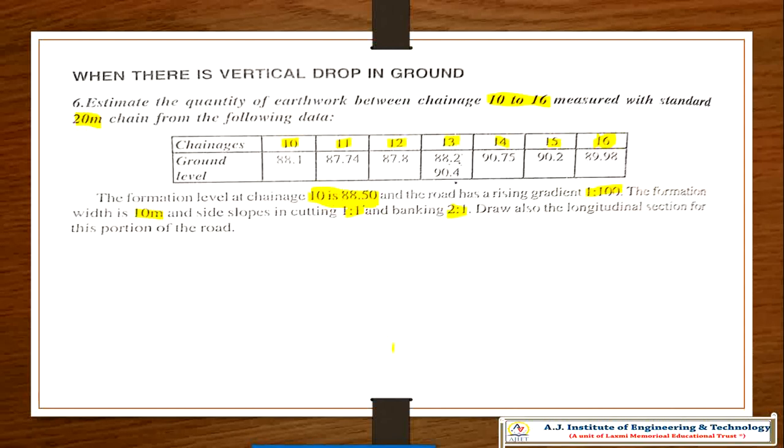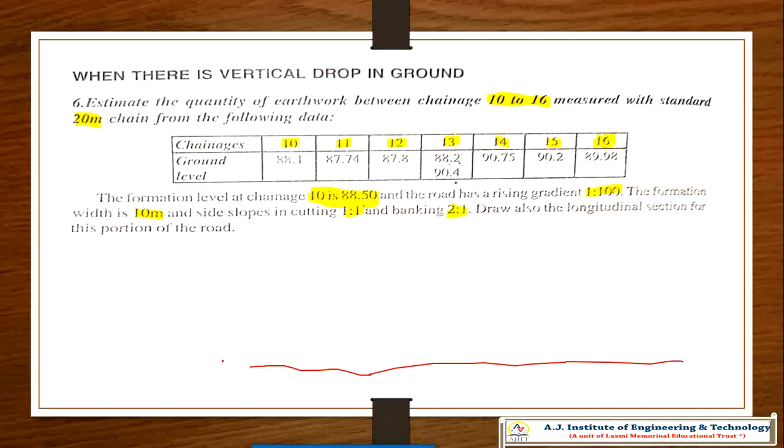What they told, the formation level. Take that this is the datum line. If we consider the maximum as 90.75, the minimum is 87.